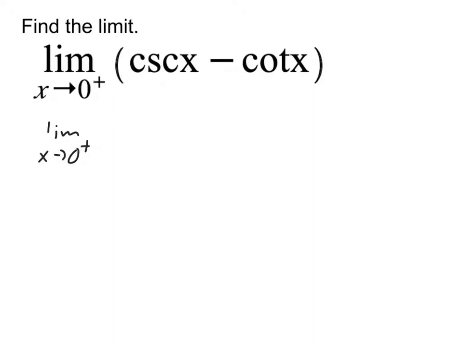All right, so remember that gave us 1 minus cosine of x over sine of x. And now that I've written it as a fraction, I can now use L'Hopital's rule to find out what this limit is. So that rule, of course, tells us find the derivative of the top and the derivative of the bottom. So go ahead and do that.